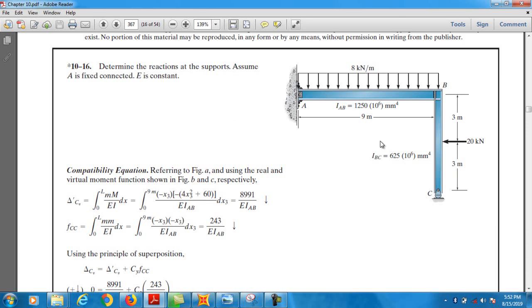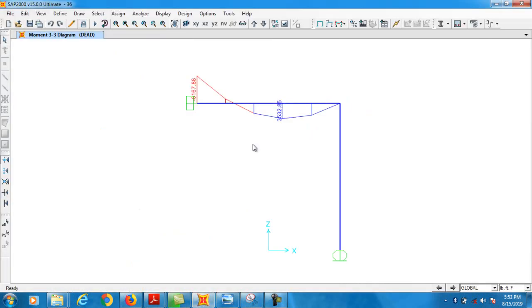So please watch the lectures. I will do these problems in my coming lectures as well, because you can see the moment of inertia of this beam is different, and the moment of inertia of this column is different. So for that purpose, you need to change the properties of this section.